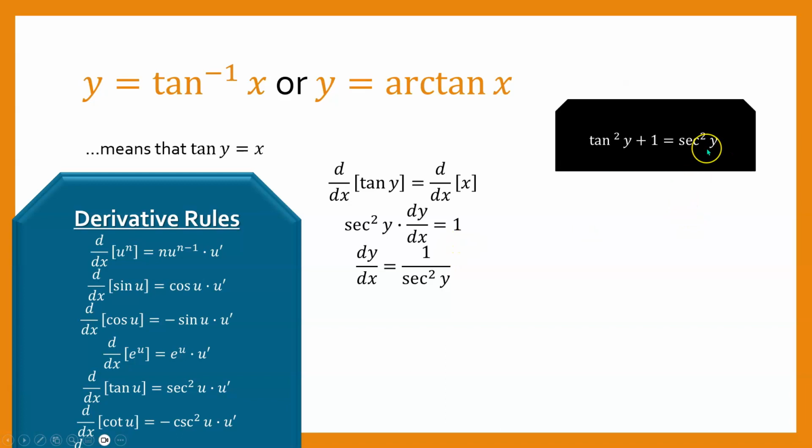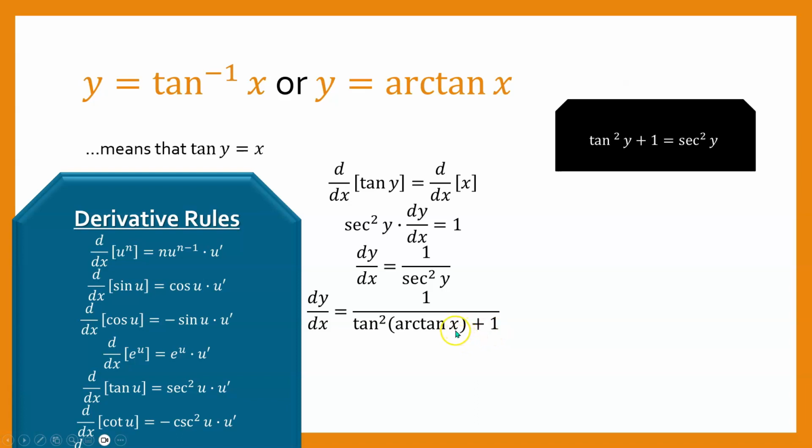Now, secant squared of y, by another one of those Pythagorean identities, is equal to tangent squared of y plus 1. So let's go ahead and replace secant squared with tangent squared. And then remember y was the arctangent of x. So really we're looking at 1 over tangent squared of the arctangent of x plus 1.